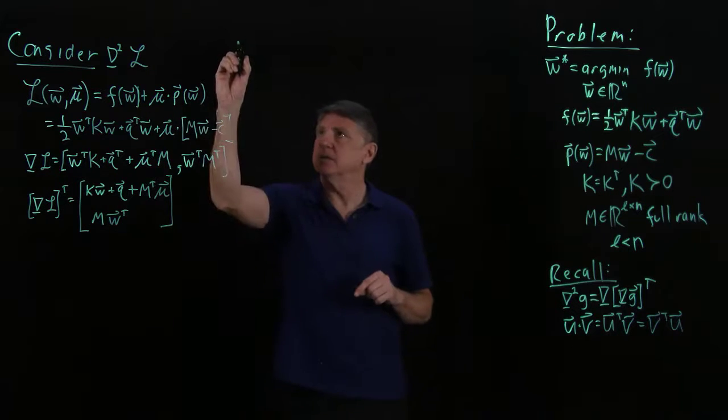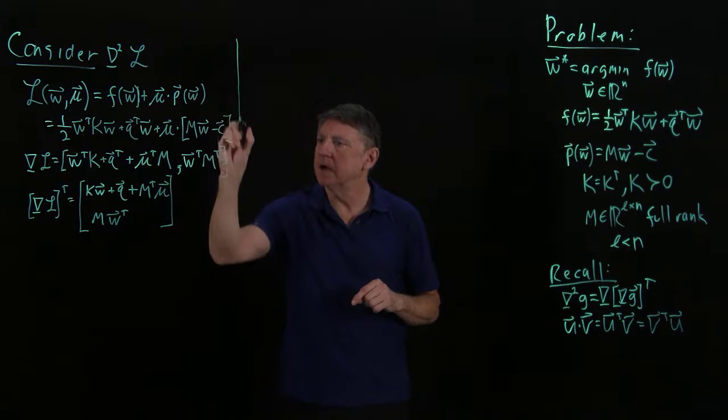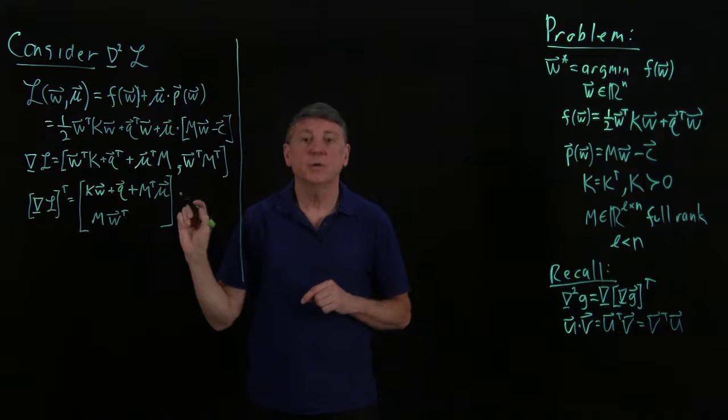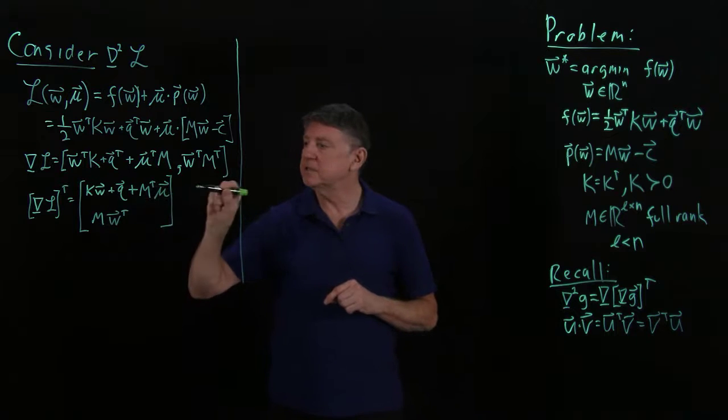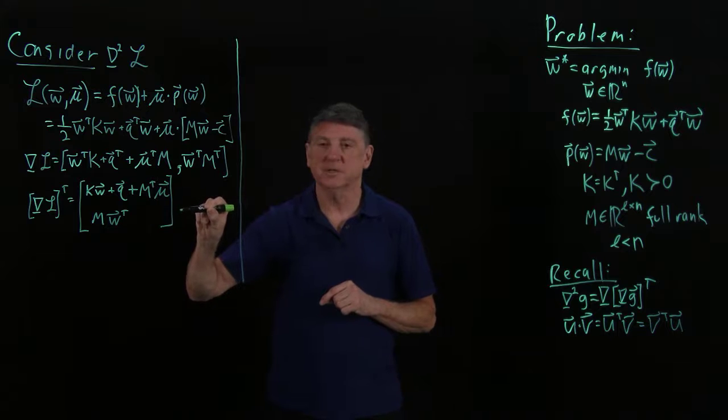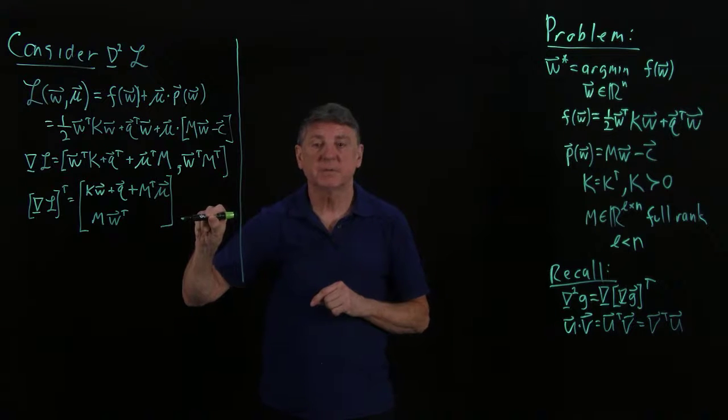The next thing I want to do is take the gradient of that. I'll treat this row as a function and this row as a function and differentiate them separately.